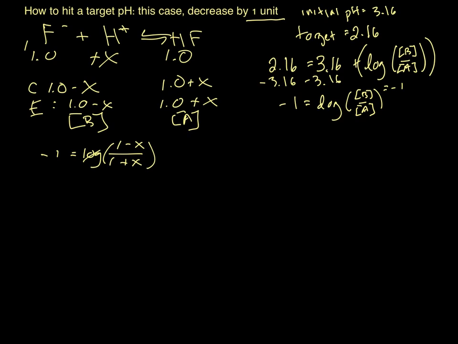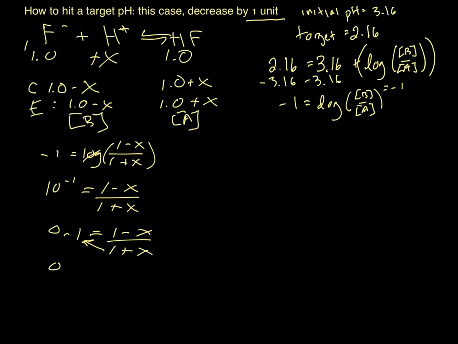We undo this log function. We have 10 to the -1 equals 1 minus X over 1 plus X. Of course, 10 to the -1 is 0.1. So we will continue to do algebra that we learned way back in 6th or 7th grade.